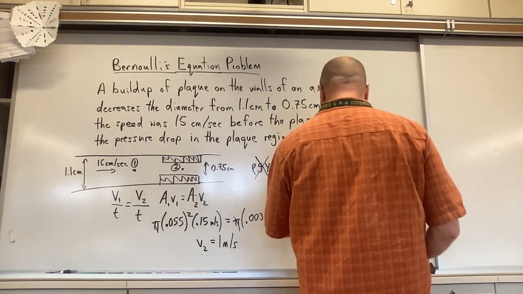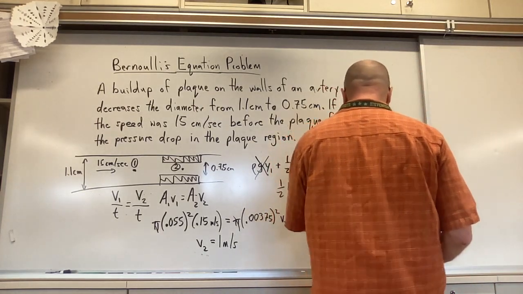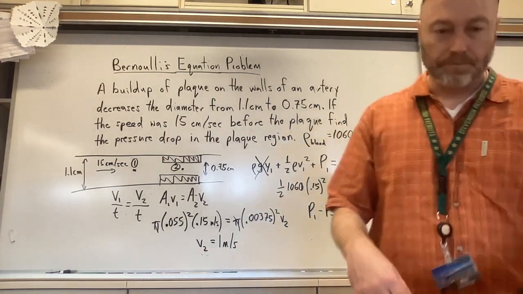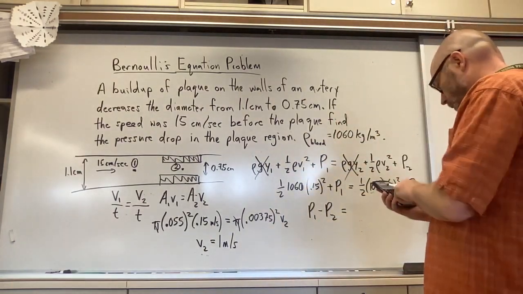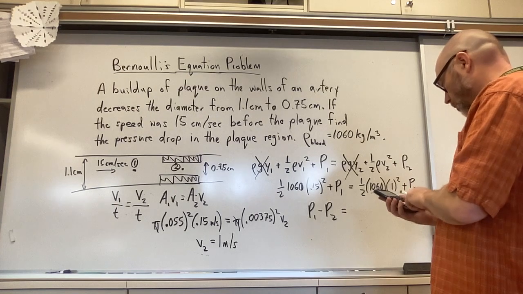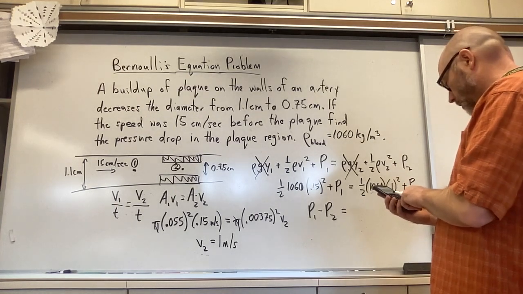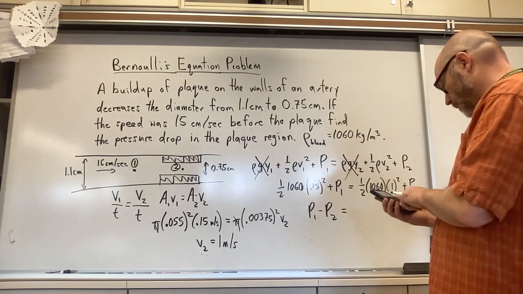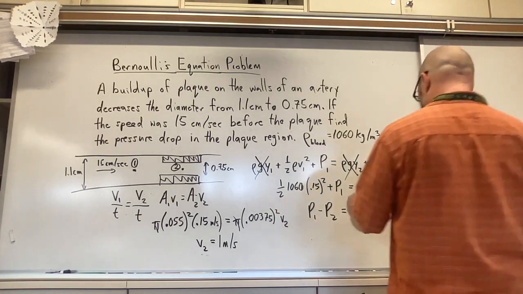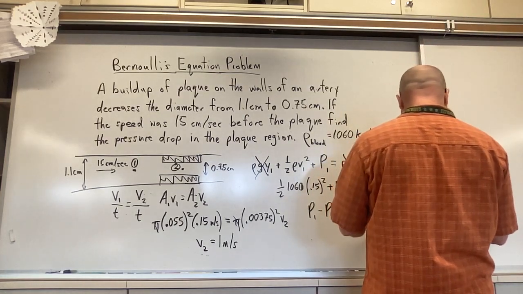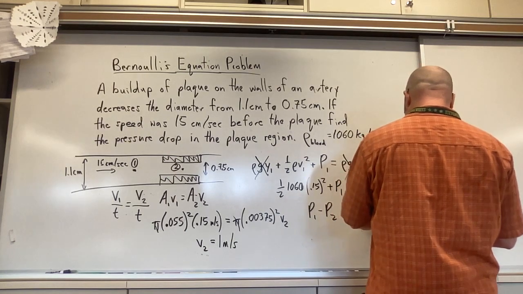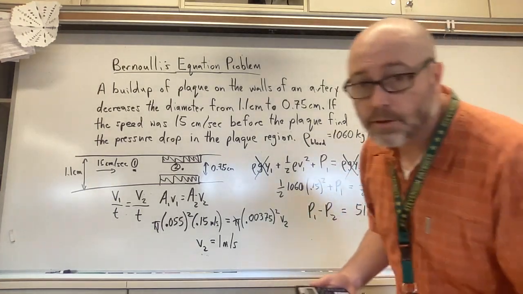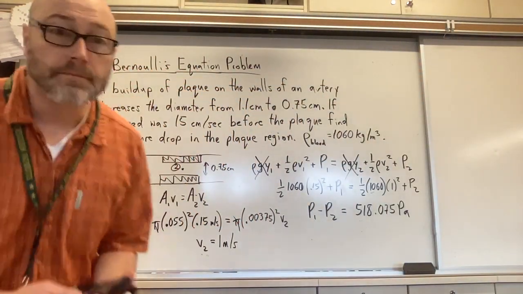So P1 minus P2 equals, plugging my stuff in, I'm going to take this minus this: 1060 divided by 2 minus 0.5 times 1060 times 0.15 squared. The pressure difference would be that many pascals. Okay, that's how you do it. Not too bad. Plug your stuff in. Sorry about the glare. Bye, kids.